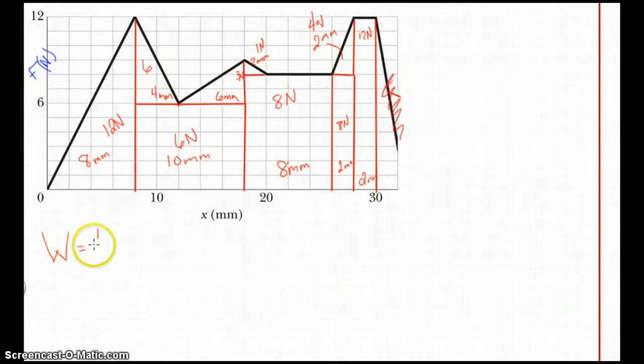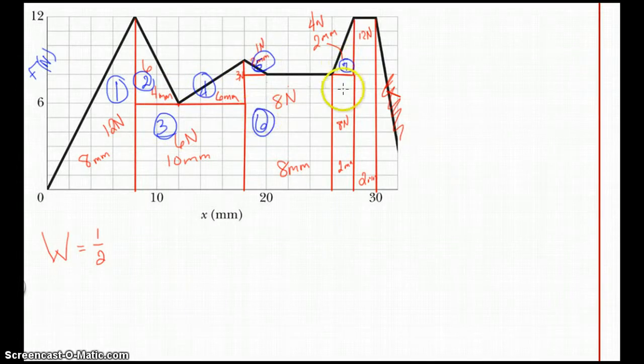So first, for the triangle, let's call that triangle 1. And we'll call this 2, 3, 4, 5, 6, 7, 8, 9. So we've got 1/2 times 12 times 8 millimeters converted, so 0.008 meters.